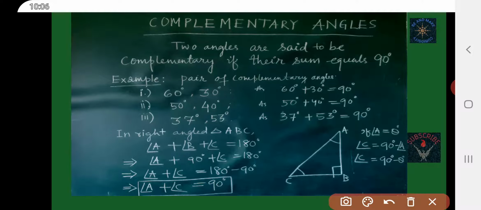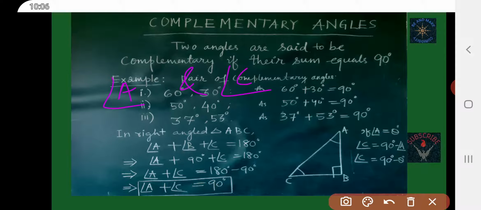So you can write 90 degrees in the place of angle B. Then angle A plus C is equal to 180 degrees minus 90 degrees, that is 90 degrees. So angle A plus angle C is equal to 90 degrees. So you can say angle A and angle C are complementary.